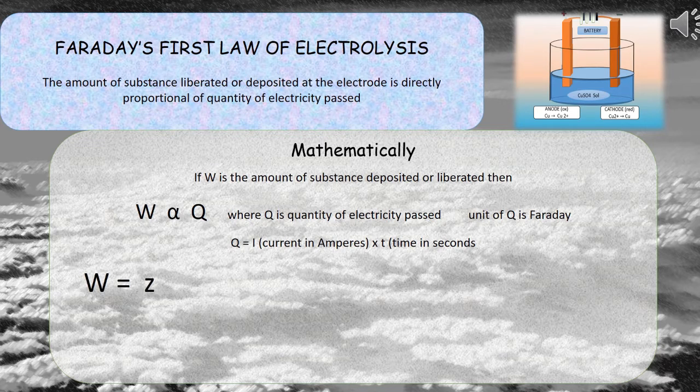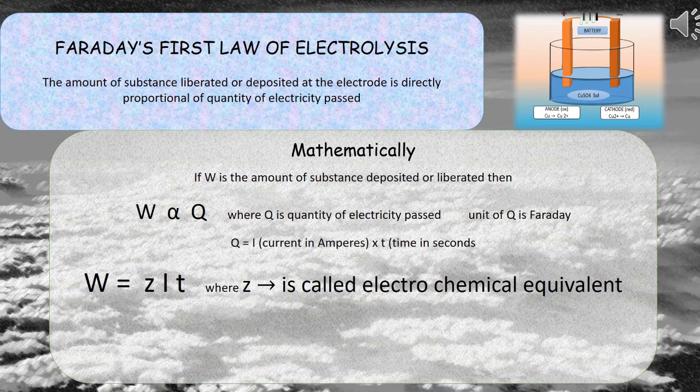Now, if you write the equation for it, then it will be W is equal to ZIT, where Z is the proportionality constant. This proportionality constant is also known as electrochemical equivalent. Now, how to define electrochemical equivalent?